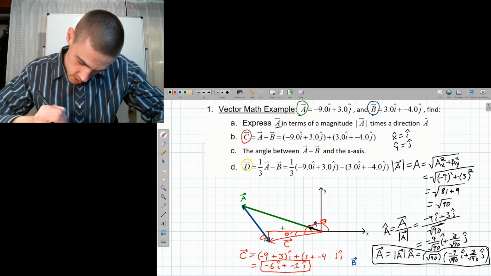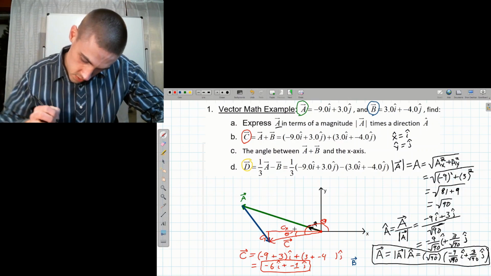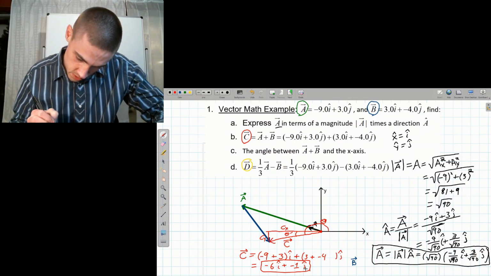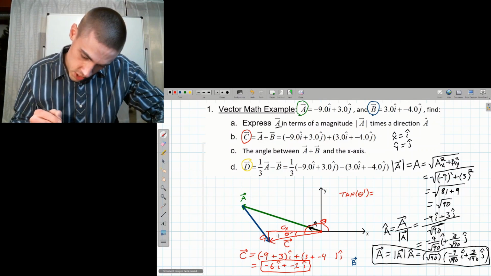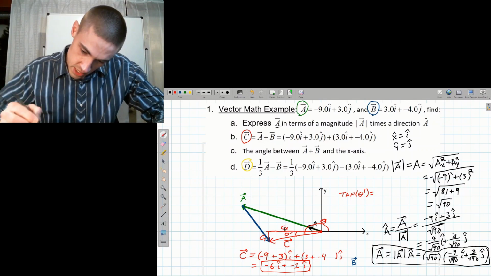There is a CY component here. There is a CX component there, right? And they're minus 6 and minus 1. So I know then that the tangent of theta prime is going to be equal to opposite over adjacent, right? CY over CX.